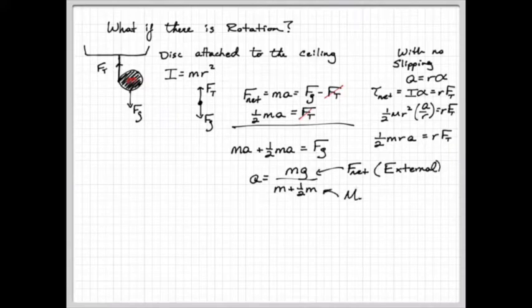And on the bottom, we have the effective mass. It's the mass of the disk m plus the effective additional component because of its rotation. And that's important. That rotational part adds mass. And you'll notice that the 1/2 mass was simply the rotational inertia component.